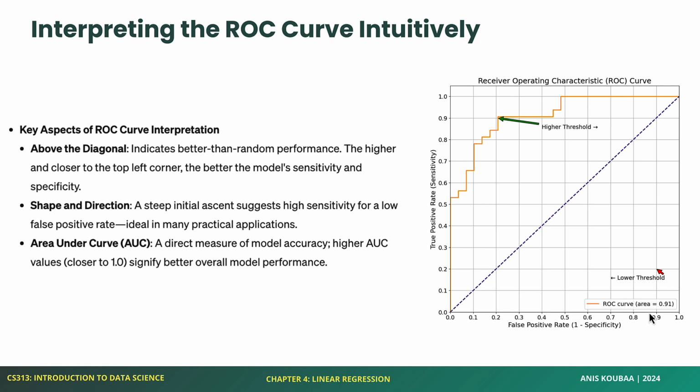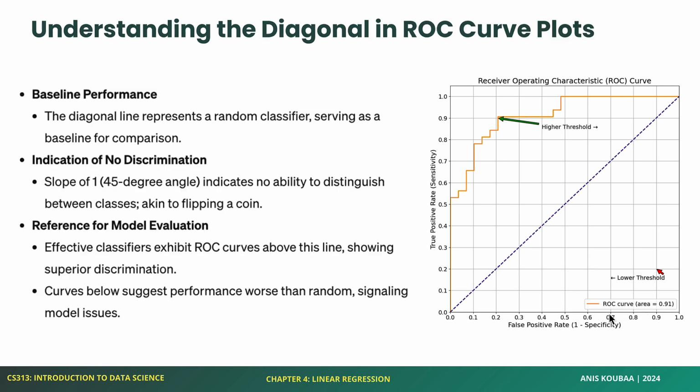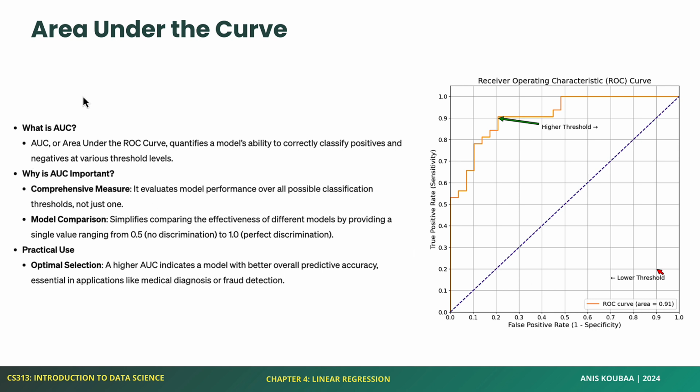And look now, we also calculate what we call the area under the curve. What is the total area here? I have here from 0 to 1 and here from 0 to 1. So 1 multiplied by 1 is equal to 1. The area under the curve, this part, is 0.91.